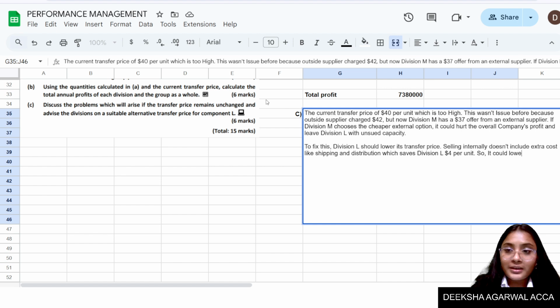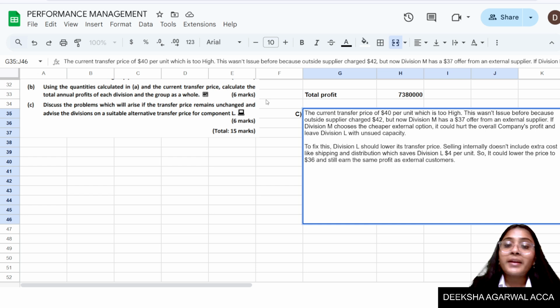So it could lower the price to $36 and still earn the same profit as with external customers, right?